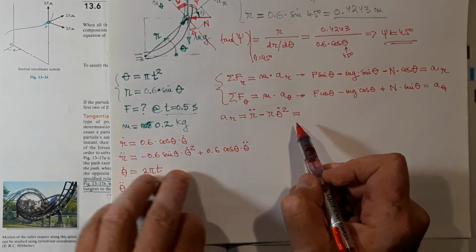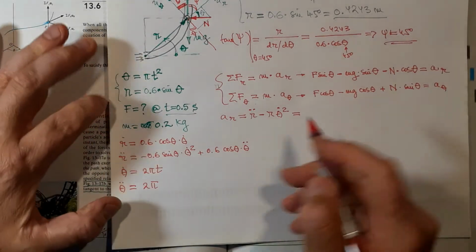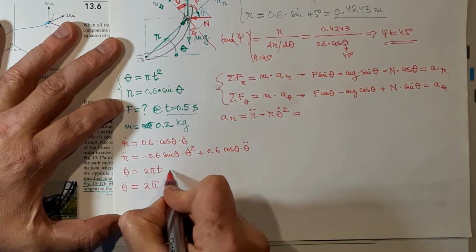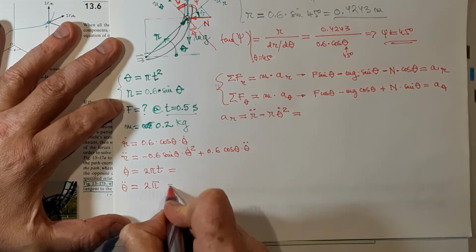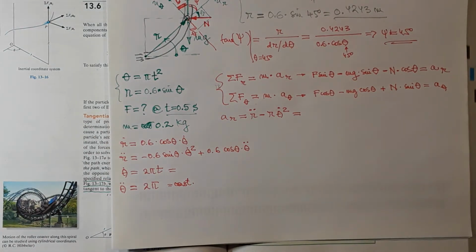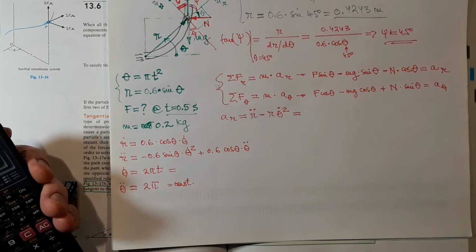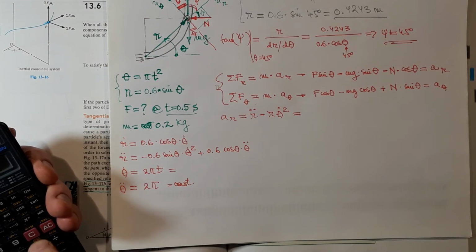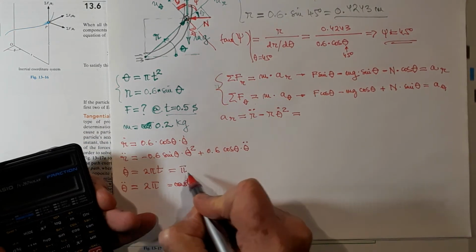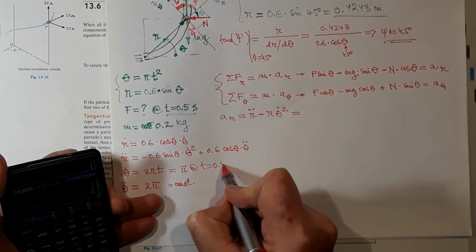Because they occur above, let's calculate these two. So this is constant, and theta dot at t equals 0.5 seconds is going to be 2 times 0.5, it's pi, at t equals 0.5 seconds.